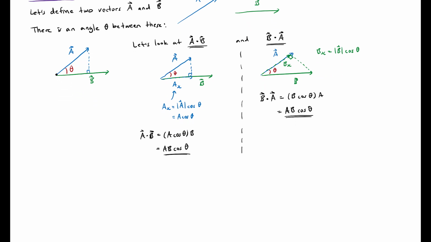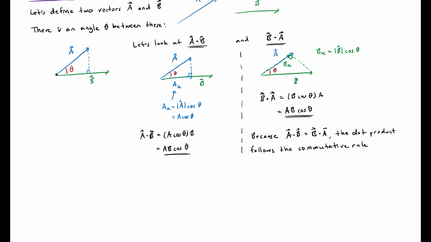So that means, because A dotted with B is equal to B dotted with A, the dot product follows the commutative law or rule.